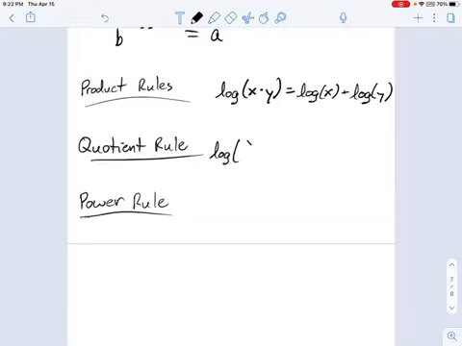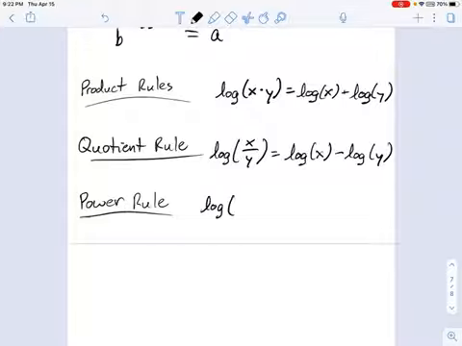If I have the logarithm of x divided by y, that's equal to the logarithm of x minus the logarithm of y. And the last one is the power rule. If I have the logarithm of x to the n power, then that's equal to n times the logarithm of x. Okay, you just bring that exponent out and you use it as a multiplier.